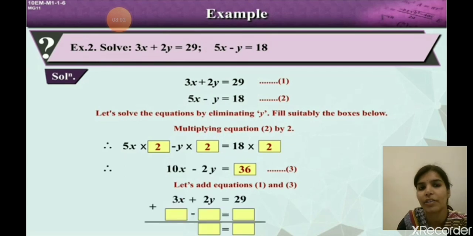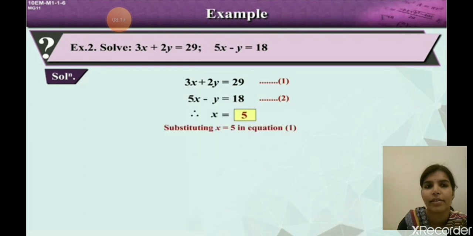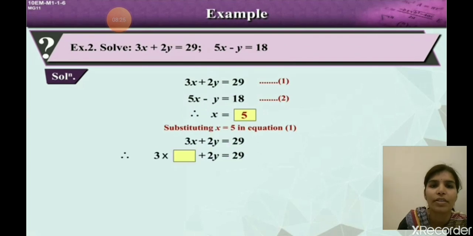After the addition, that means 3x + 2y = 29 plus 10x - 2y = 36 gives 13x = 65, because +2y and -2y get cancelled. So the value of x = 5, and we put that value of x into equation 1.